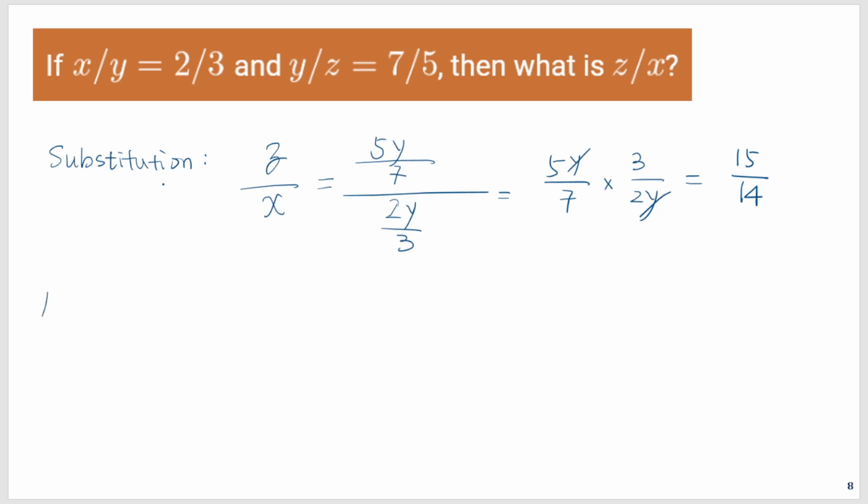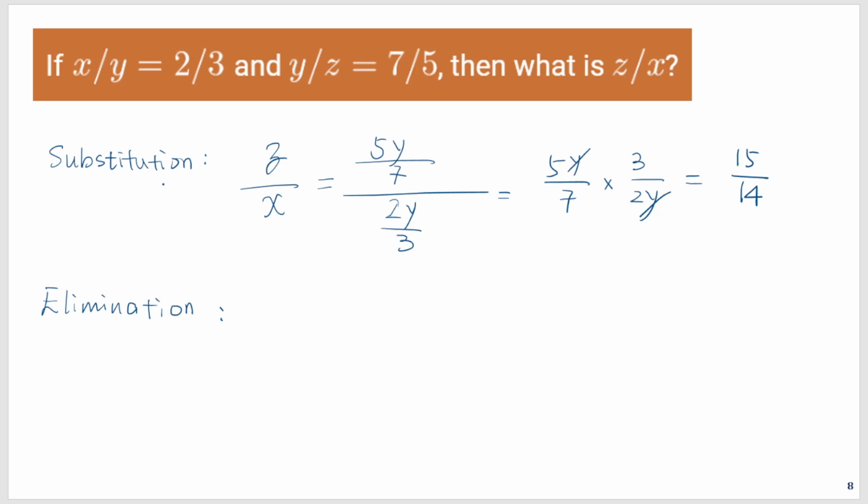And the second method is to use elimination. Seeing the y in the numerator of one of our given equations and in the denominator of the other, we can notice that we can eliminate y by multiplying the two equations, just as we eliminated variables from systems of linear equations by adding them.